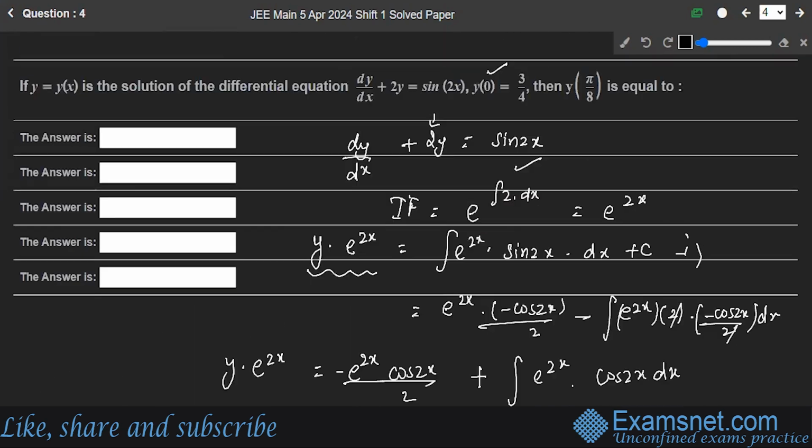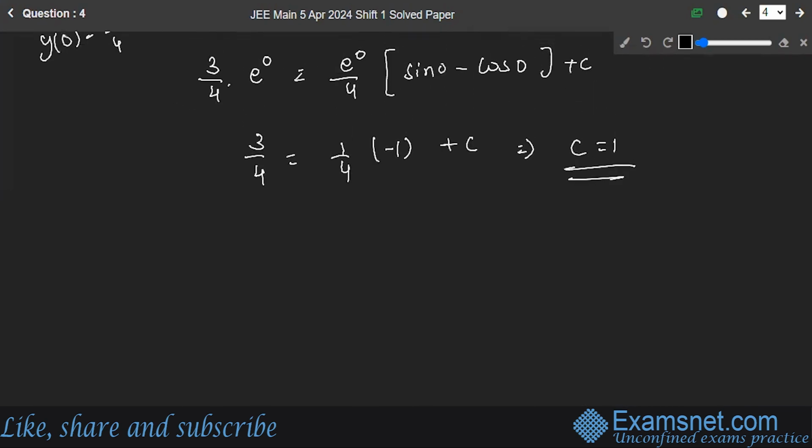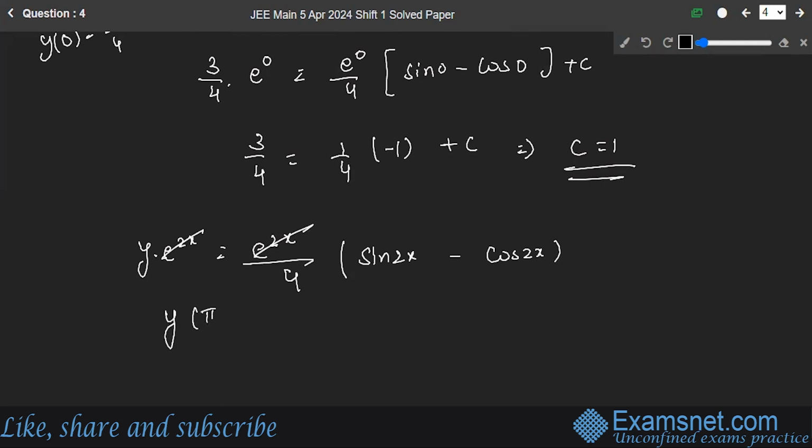Now what you have to find out is y(π/8). Let's solve. Now the equation becomes y e^(2x) is equal to e^(2x) upon 4 (sin 2x minus cos 2x). See, this will cancel, just cancel it straight away. You have to find out y(π/8), that means the value of y when x is equal to π/8.